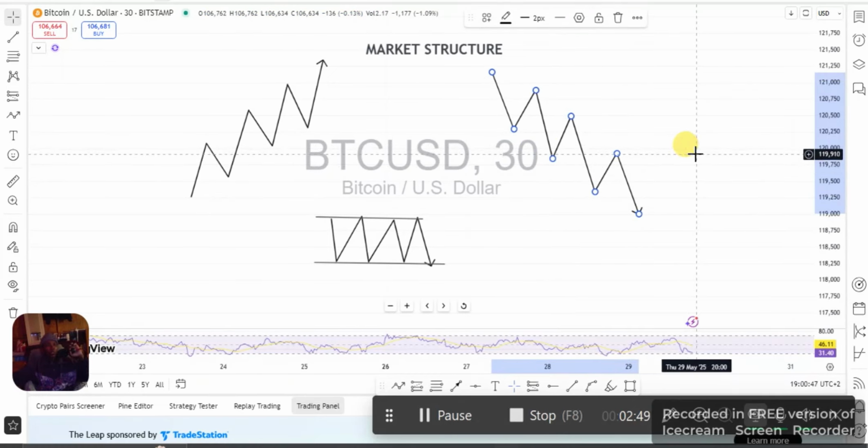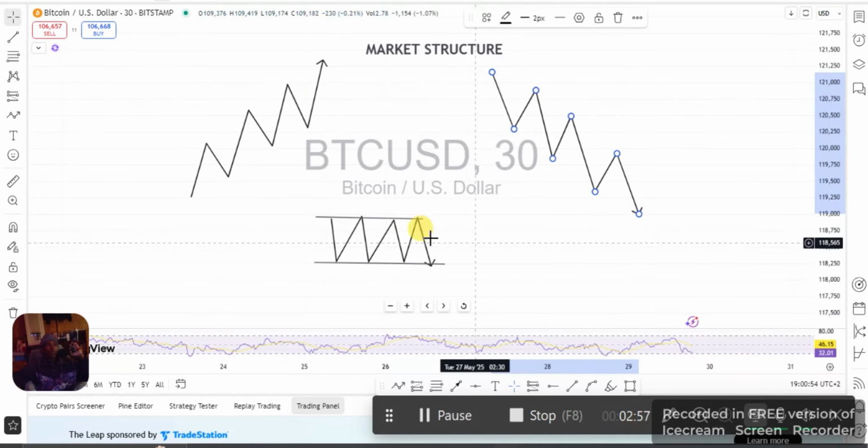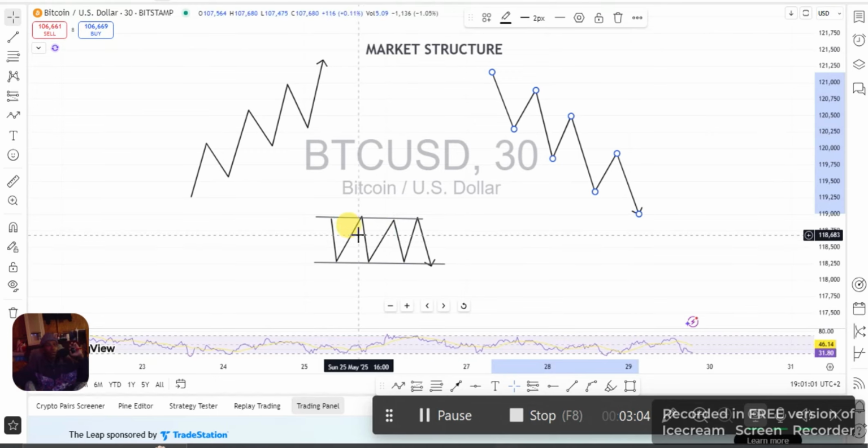Is it uptrending, or is it downtrending, or is it consolidating, meaning it's not going anywhere, it's just bouncing back like up and down.